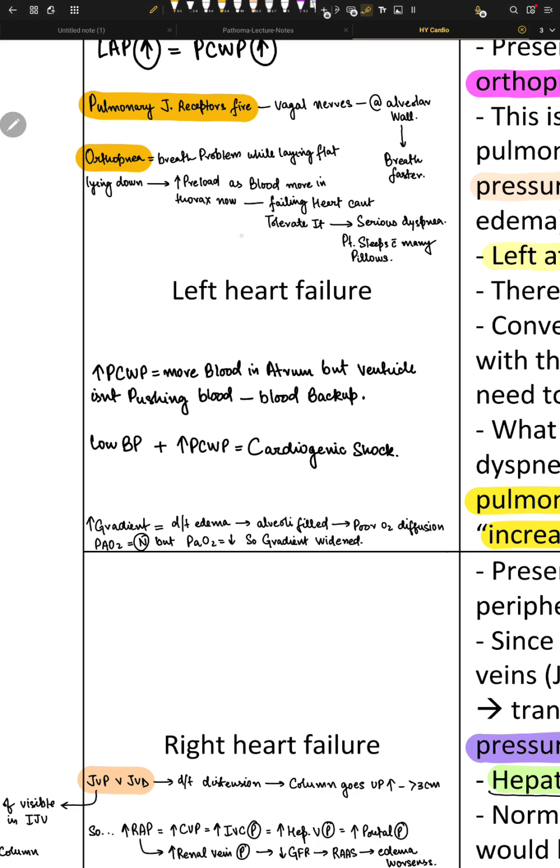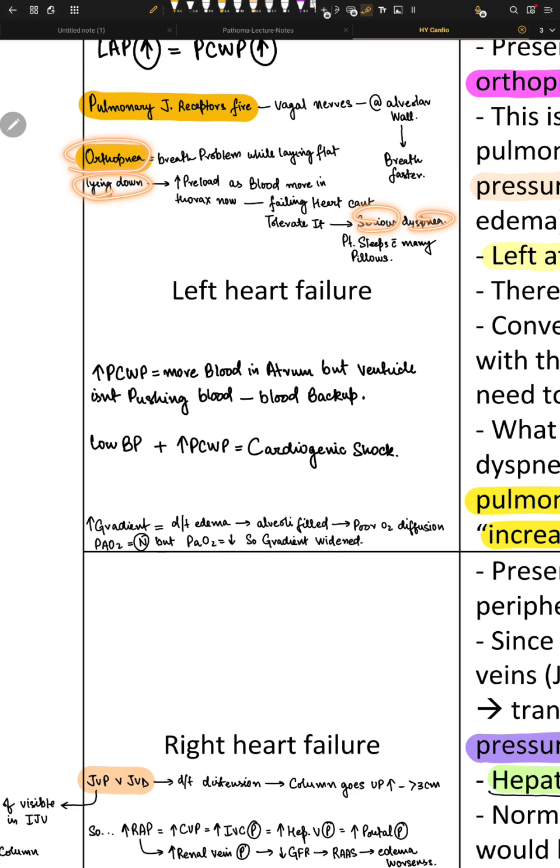And imagine your heart is failing, and you lie down. Once you lie down, the amount of blood in your thorax region increases because of gravity, and the failing heart is not able to cope with this increased amount. So the failing heart can't tolerate it, and we have serious dyspnea when the person is lying down.